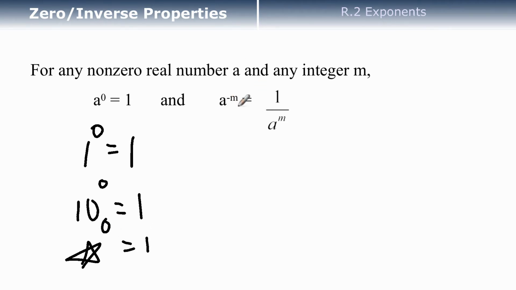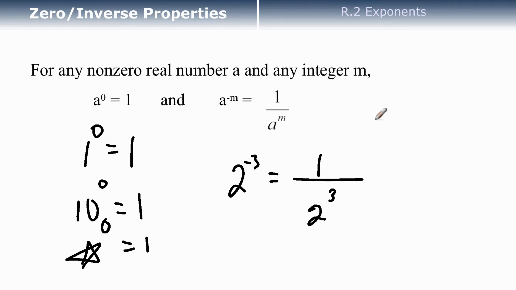Also, and this is one that we use lots, is if I have a negative exponent, I can make the exponent positive by putting it to the other side of the fraction line. So if I have a to the minus m, that's the same as 1 over a to the positive m. Or if I had 2 to the negative 3, that's the same as 1 over 2 to the positive 3.